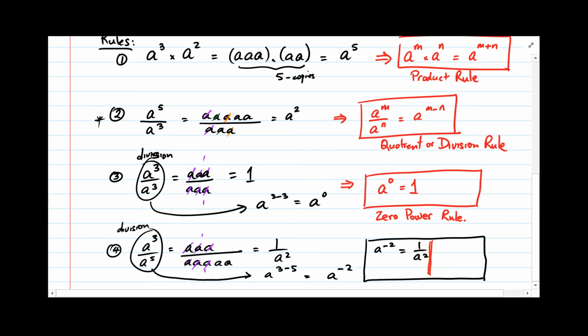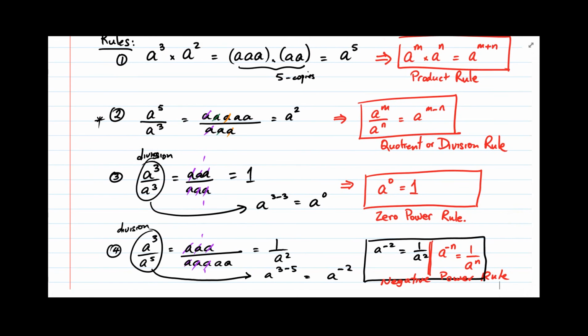And if we generalize this, we're saying a to the negative n is 1 over a to the n. So this is known as the negative power rule.